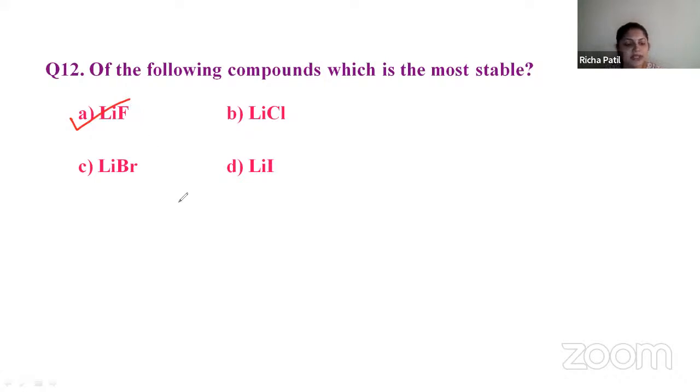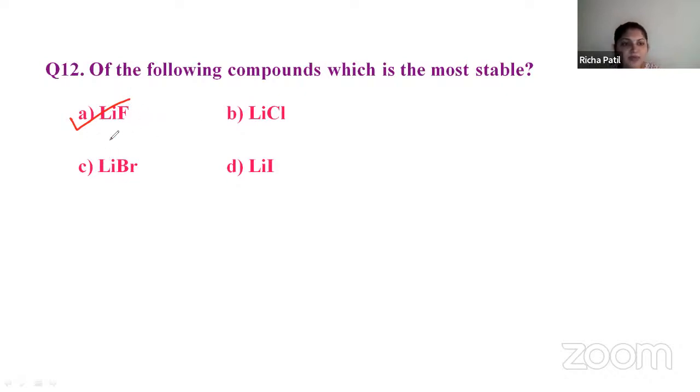So what is the reason? Greater the electronegativity. Fluorine is a highly electronegative element. Or smaller the size of the element, stronger is the bond formed. So if fluorine is highly electronegative and lithium is very small in size, what will happen? The stronger is the bond formed.